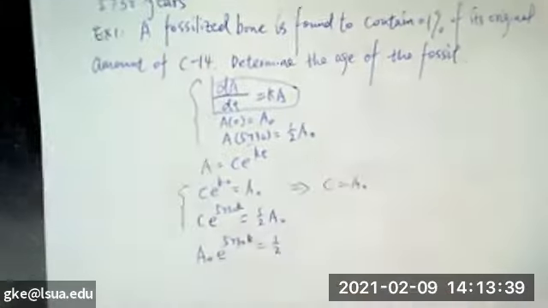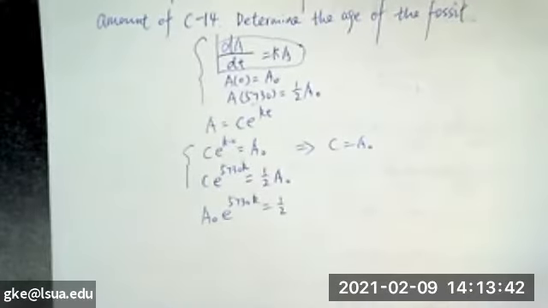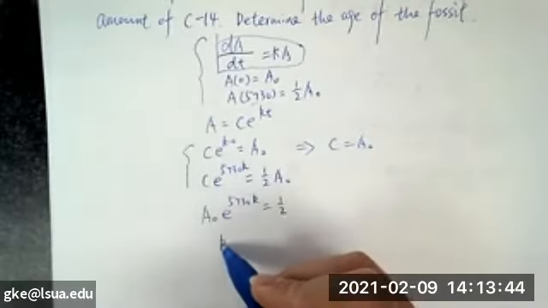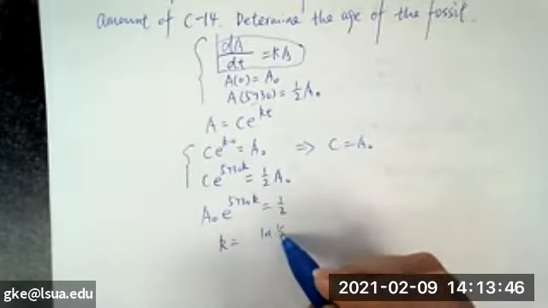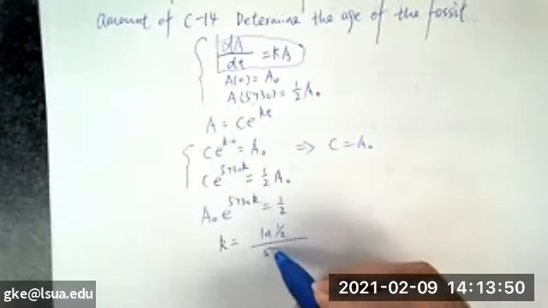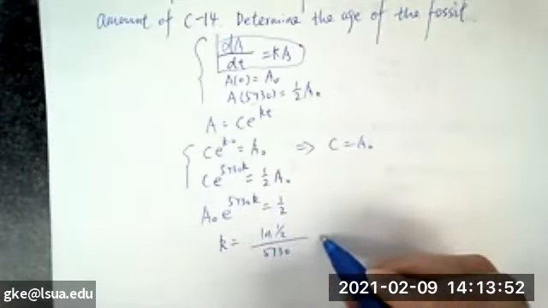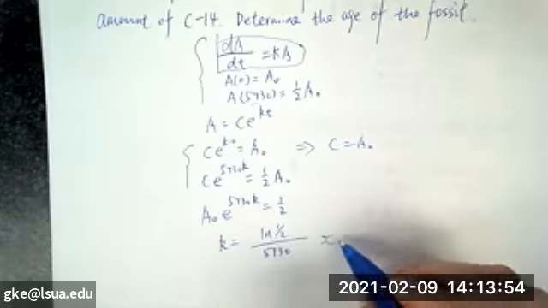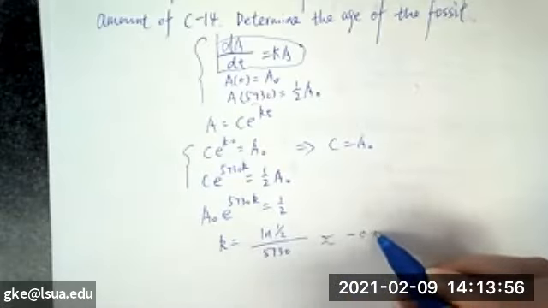One half, and use your calculator, ln of one half divided by 5,730, that is roughly equal to negative 0.000121.